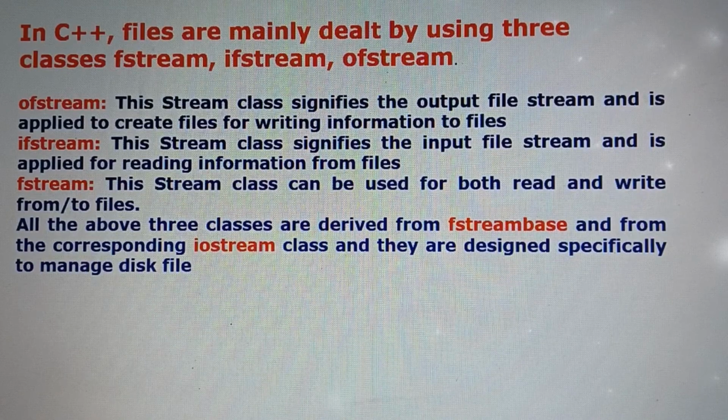We can read from the files, we can write to files. All the above three classes are derived from fstream and from the corresponding iostream classes. They are designed especially to manage disk files. The functions of all these classes are defined in the fstream header file.